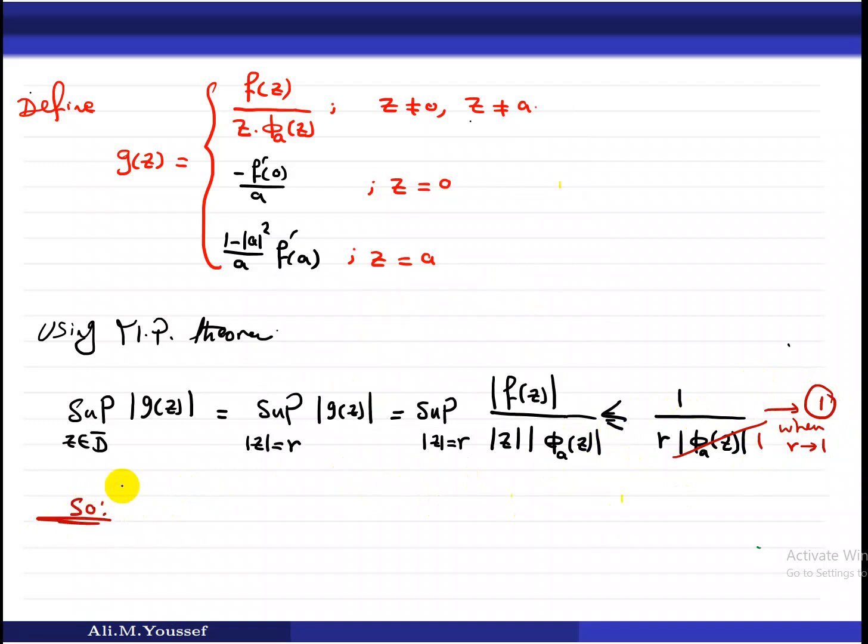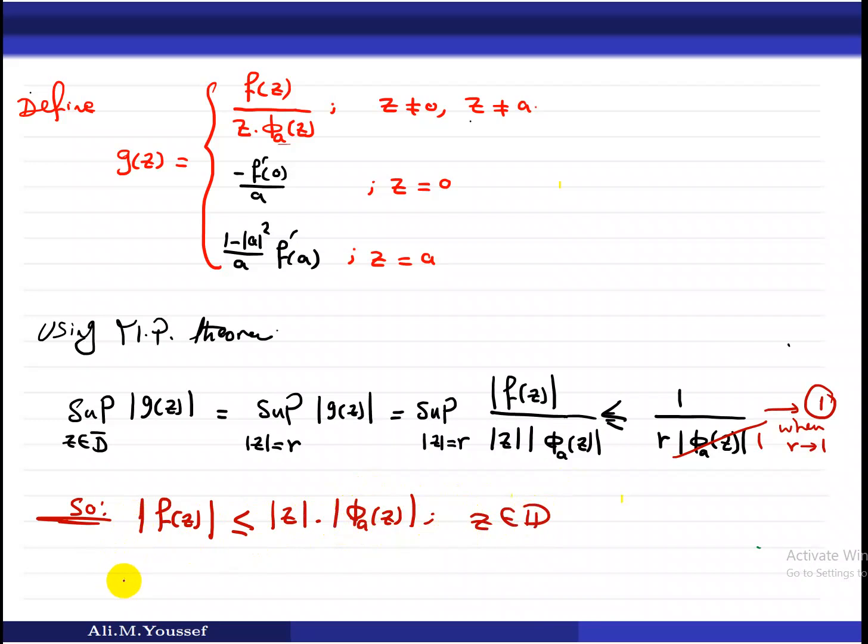So we have 3 conclusions from these 3 parts. The first part is the modulus of f of z is less than or equal to the modulus of z times the modulus of phi a of z. Be careful, this is not equal to 1. This is equal to 1 on the boundary. But here I conclude for all z in the unit disk, for all z in d.